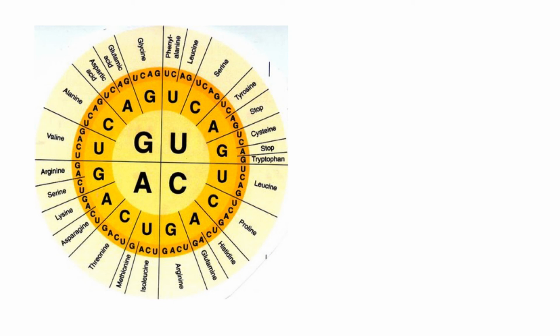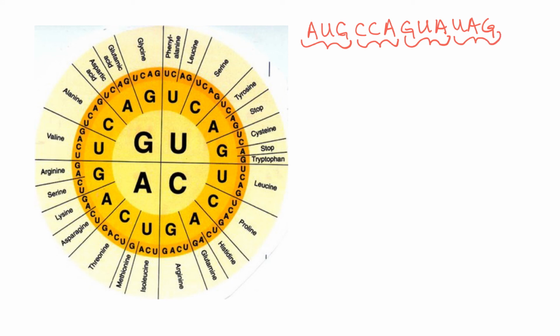So let's say this is our transcript: AUG, CCA, GUA, UAG. Again, the ribosome is going to read this in a series of three-letter codes, and remember, these are our codons.